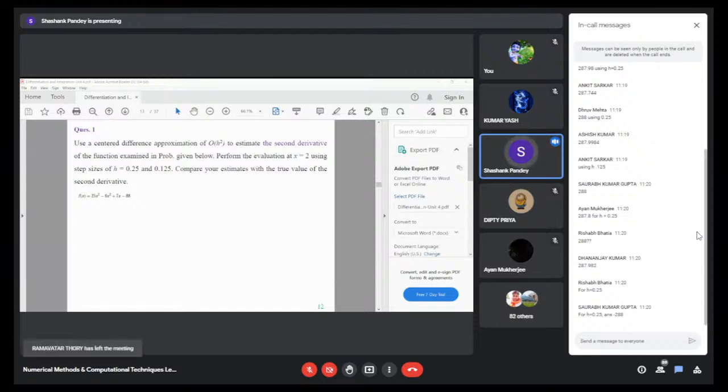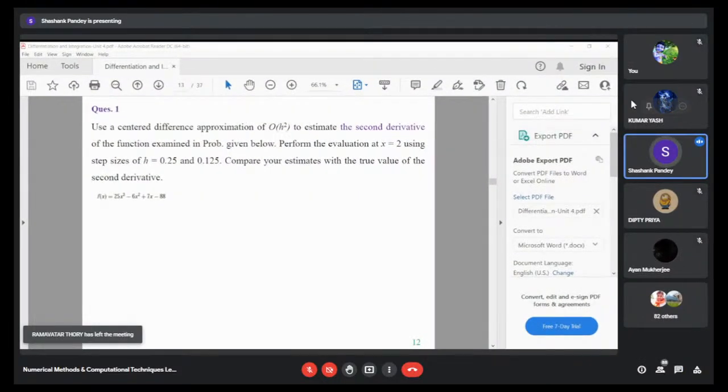Then we will proceed towards our next topic of today's class, that is numerical integration. Okay. So, who can suggest which will give a more accurate answer?